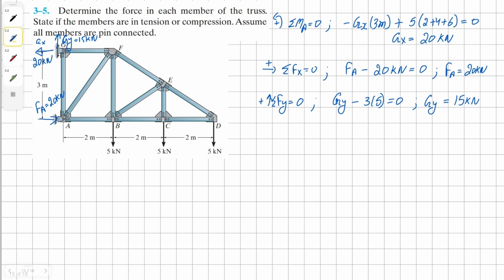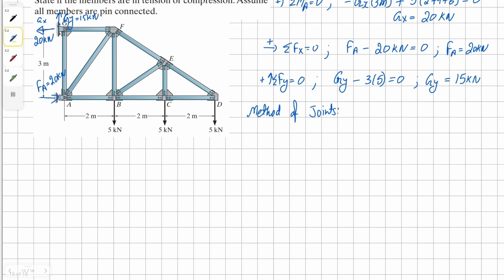Now we can start solving for individual members. Because we need to find force in every member of this truss, we're going to use method of joints to solve this problem. Let's draw the free body diagram for joint D. At D we have one external reaction of 5 kilonewton, and then we have reaction from member CD, and we have another reaction vector for member ED.